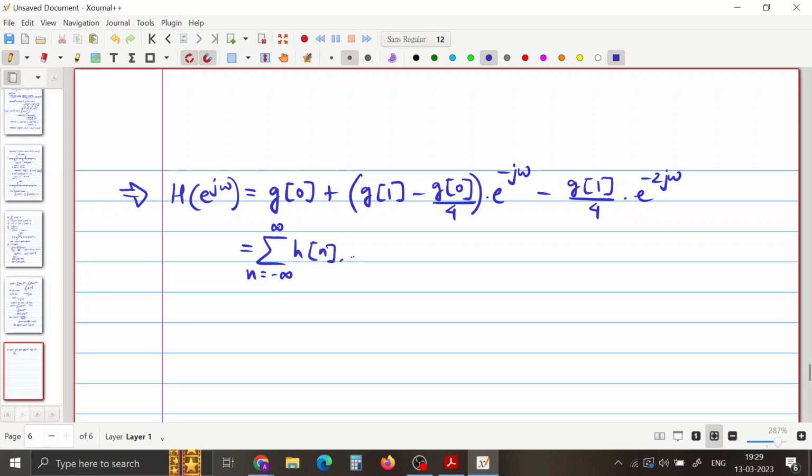h of n times e power minus j omega n. If we compare these two, we have only three terms here, corresponding to the indices n equals 0, n equals 1 and n equals 2. So I can also write it as h of 0 plus h of 1 times e power minus j omega plus h of 2 times e power minus 2j omega.